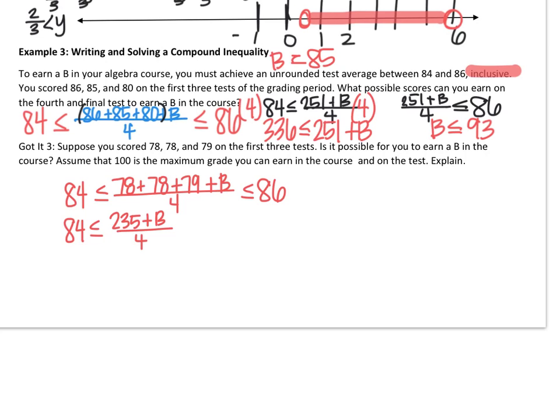Over 4. Instead of writing all the 70s down, I went ahead and added those together so I didn't have to write them so many times. Now I've split my inequality up, this over here and this over here, and I'm going to solve it. So I'm going to multiply both sides by 4, and I get 336.